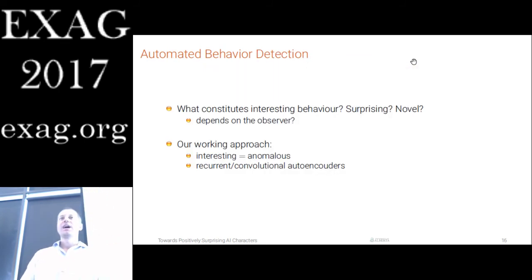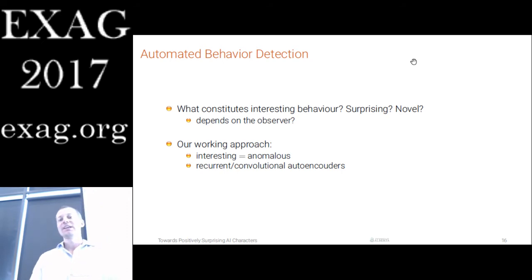And now about detection. How do you know what's interesting? I haven't been talking about it yet, and the answer is I don't know what interesting is. It's one of those things where one may say, okay, I know it when I see it, but I don't want that. I actually want the machine to detect it.